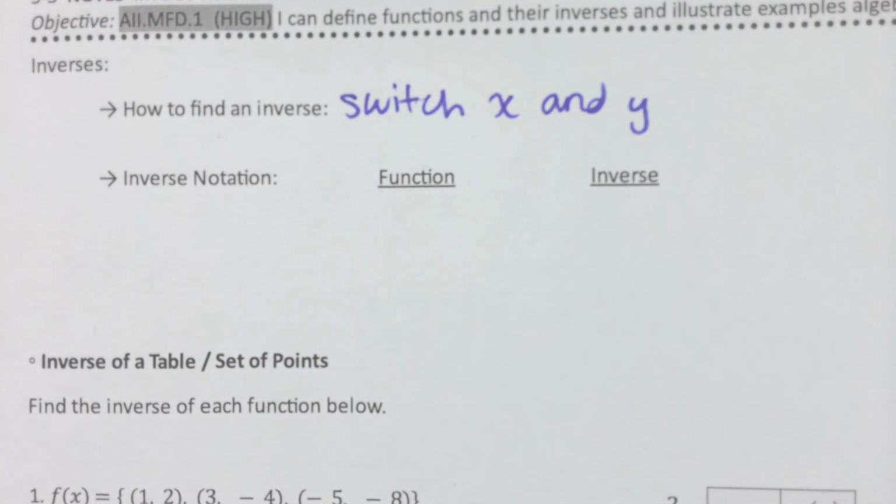If you can remember that, you're going to be good. Inverse means switch x and y. On several problems, it is literally just that easy. On others, there's a few more steps involved, but that concept-wise is what we're doing.